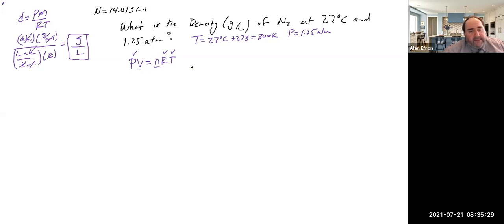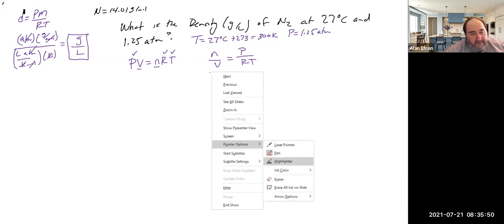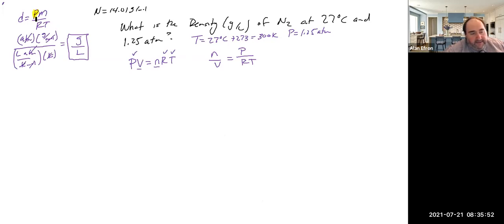So you can, in this case, rearrange the ideal gas law to solve for N divided by V. If you do that, you basically take V to this side and RT to the other side. That gives you P over RT. And by the way, that should look pretty familiar because that is part of this formula right here. As you can see, that is the P and the RT part of it, and that really does come from the ideal gas law.